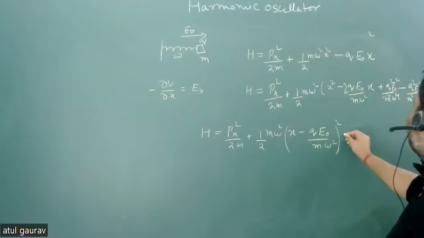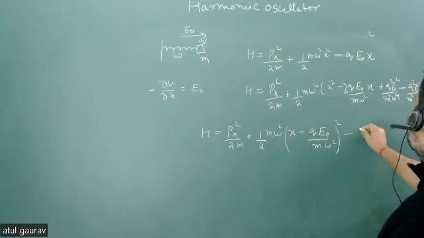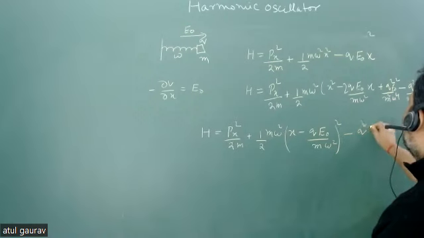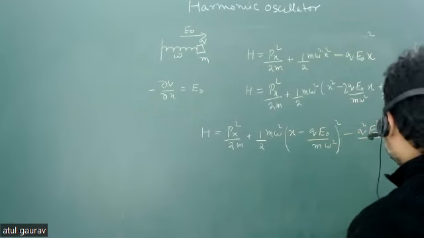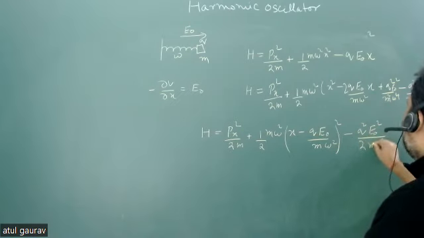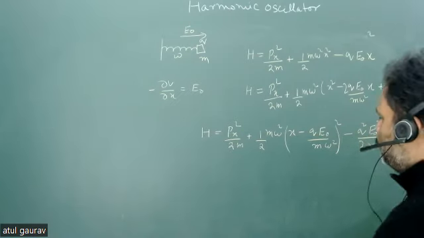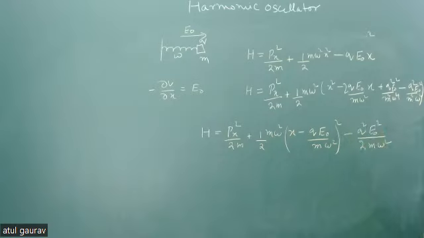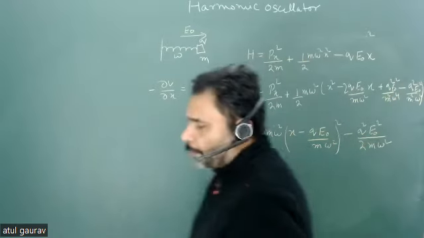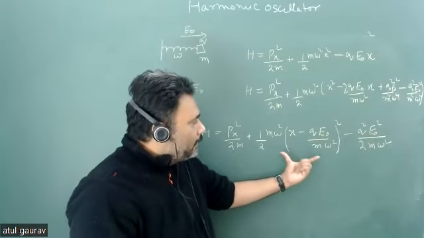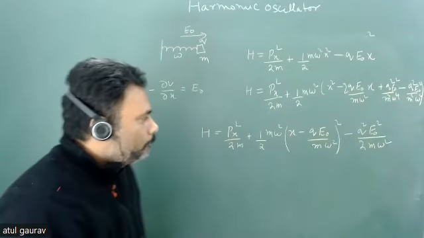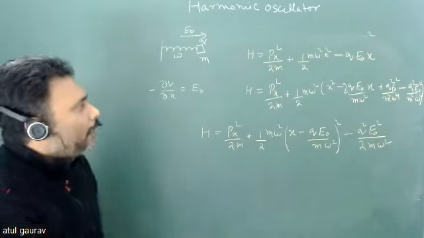And what is that constant term? It is minus q square E naught square upon 2m omega square. So this is your potential energy. Now, is this also a harmonic oscillator? सर 2 नहीं है वहाँ पे. 2 आएगा, ये वाला 2 आ जाएगा.